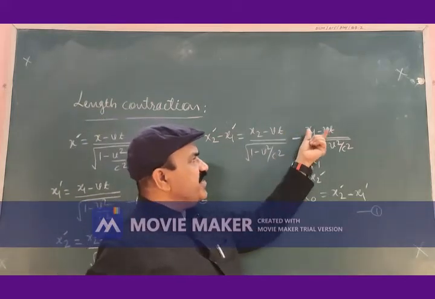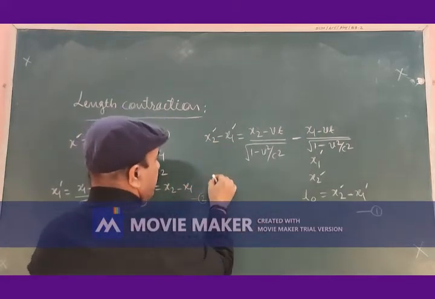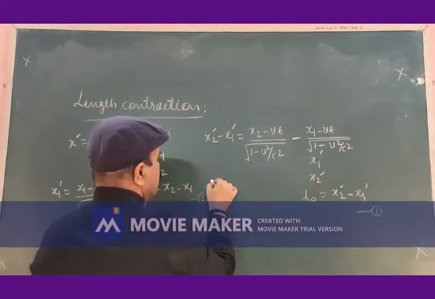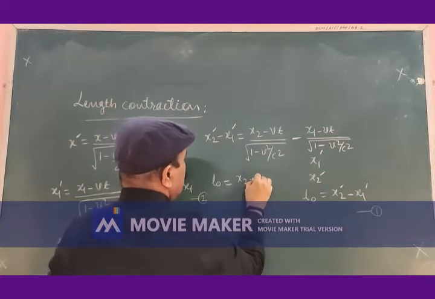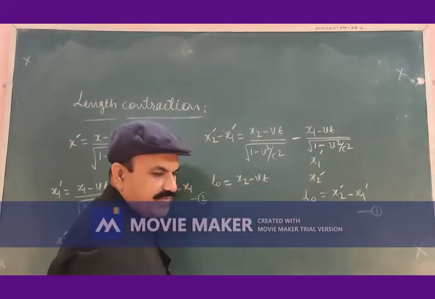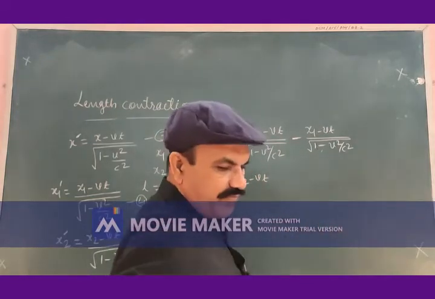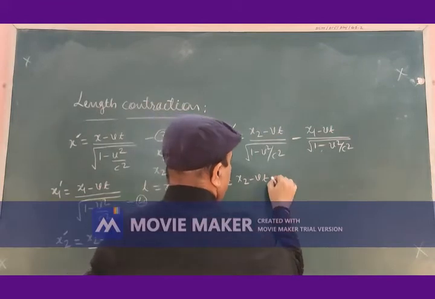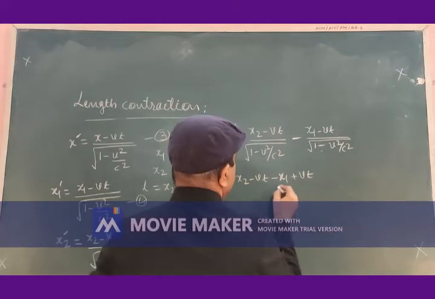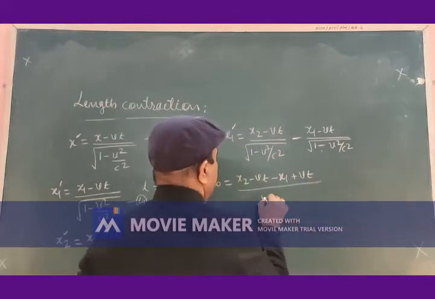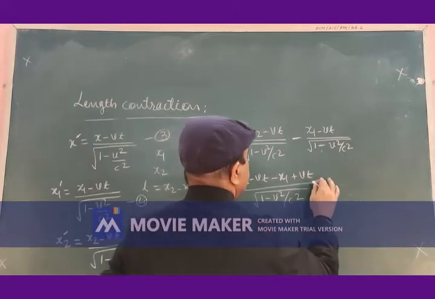The denominator of this term and this term is the same, and therefore we may write this as L0 is equal to x2 minus vt minus x1 plus vt divided by the square root of 1 minus v square by c square.